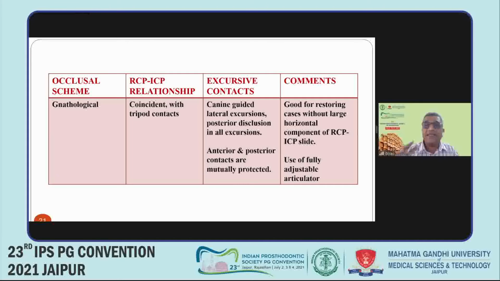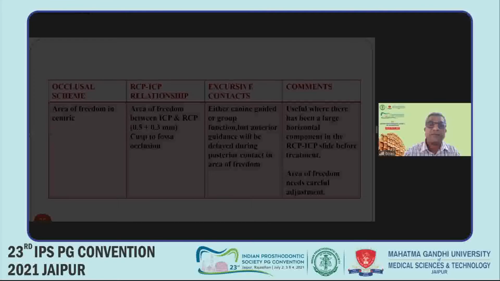So please understand the crux of these. The comments have been the same, where you can use them. You should be using the adjustable articulator to do all these.